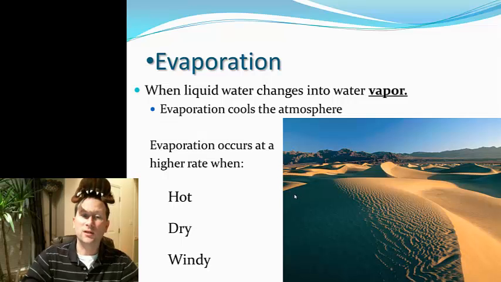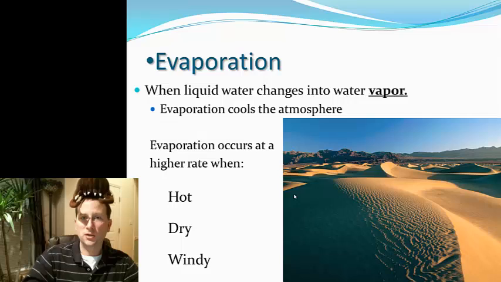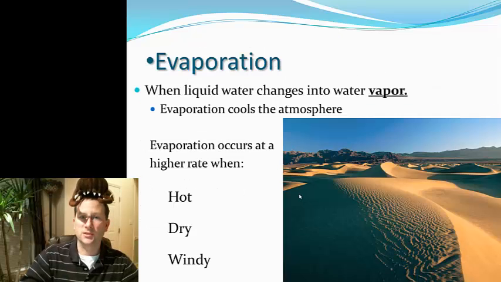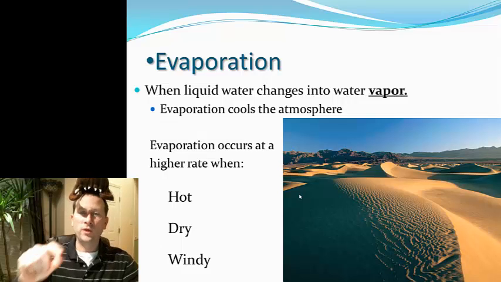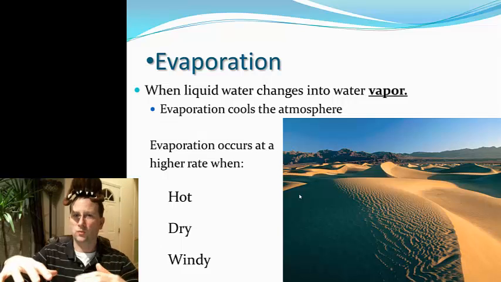And then the last one is wind. When it's windy out, water can evaporate more quickly because the air mixes. Now, the evaporation is occurring in a very thin layer just above the water, maybe only a few millimeters thick. If that layer isn't disturbed, then that's the only layer that gets saturated with water.